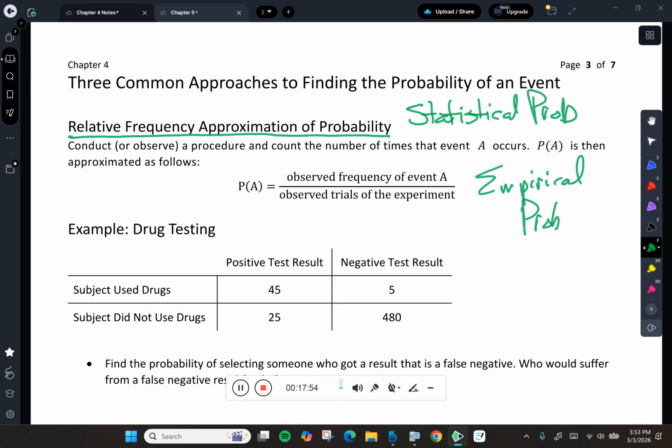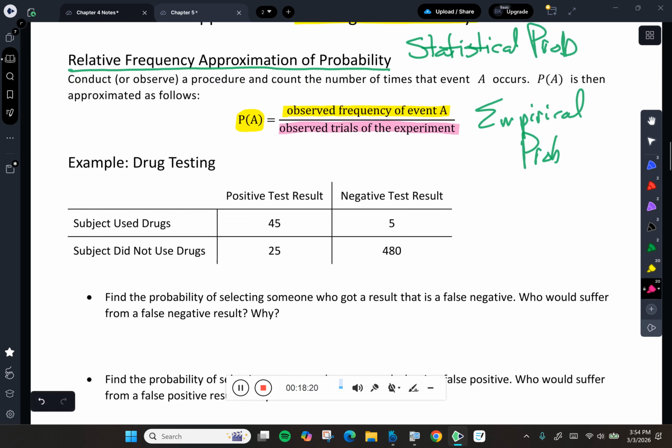Basically, one way to find the probability of an event is to gather some data from the past and use that data to predict into the future. So the probability of an event A is how many times we saw A occur in the past versus how many trials of the experiment we witnessed.